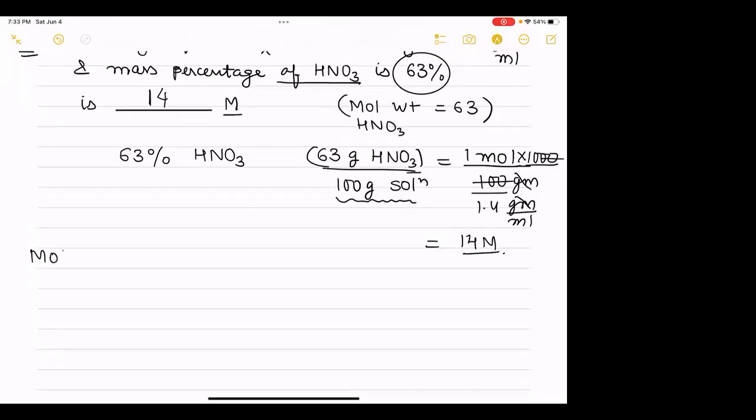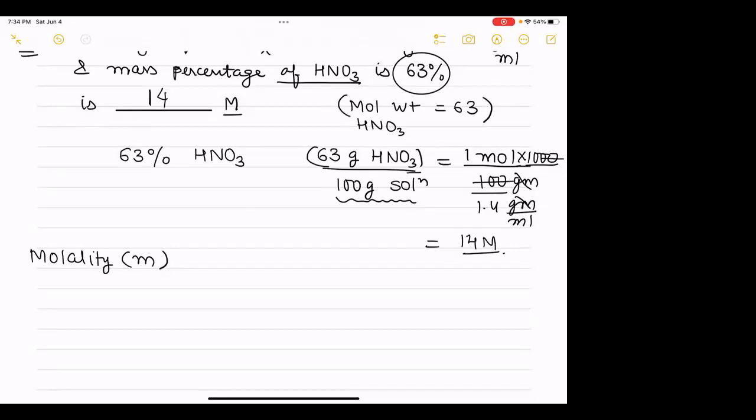So molality is the number of moles of solute per 1 kg of solvent. It is represented by small m. Number of moles of solute divided by only the mass of the solvent. So it is easier for us to calculate molality if you have some solute and some solvent given prior to mixing.